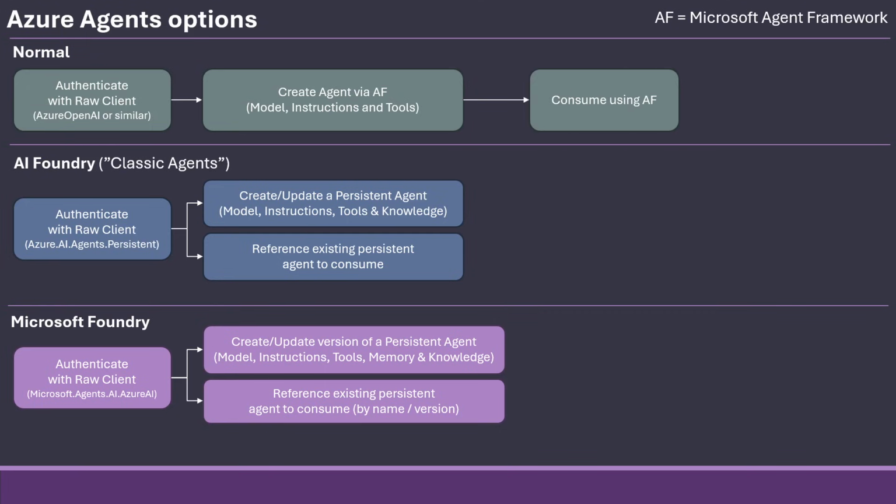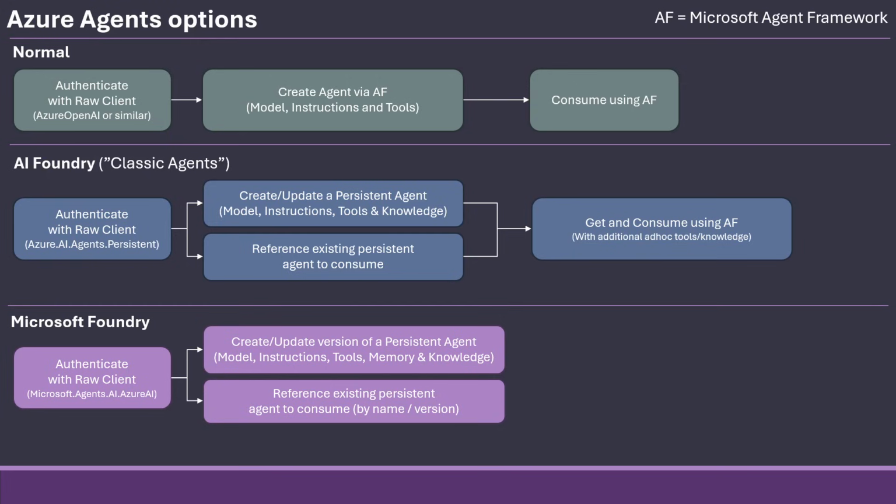And the final part is, of course, consuming it. Up in a normal one, you just consume the agent you just made in code. In AI Foundry, you either consumed the agent you just made or got the reference to the agent, and then you used it. And then on the fly, you could add more knowledge and more tools to the agent.